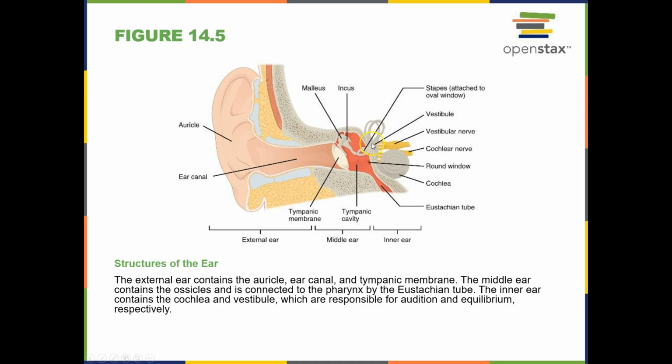And so it's within the vestibule and the base of the semicircular canals where we have our sense of equilibrium, which we'll talk about in a little bit. And then you have this vestibulocochlear nerve that comes in. So you have a vestibular branch and a cochlear branch that merge together, forming that vestibulocochlear nerve.